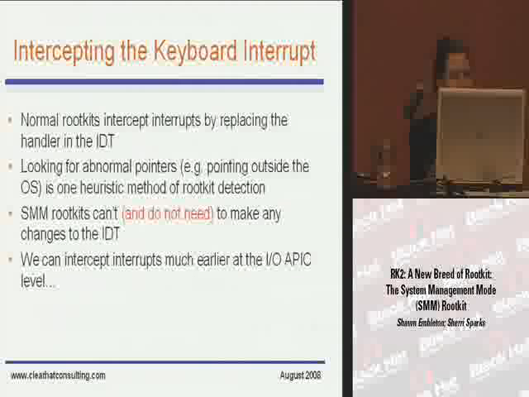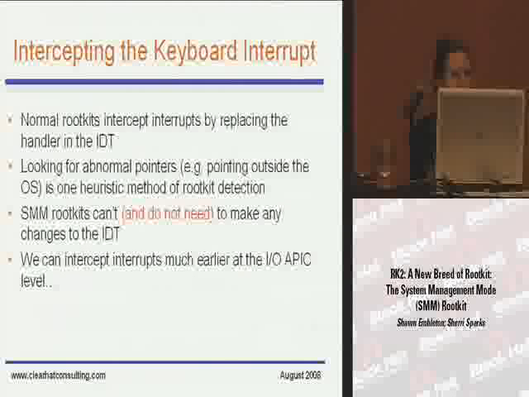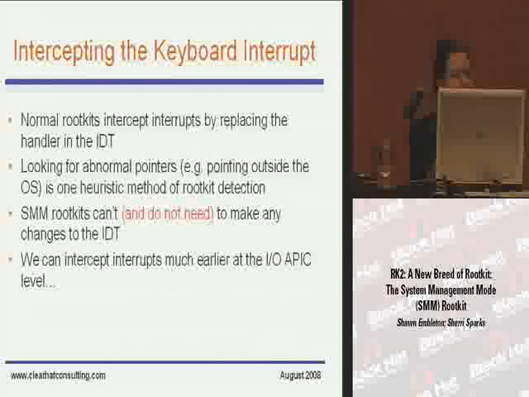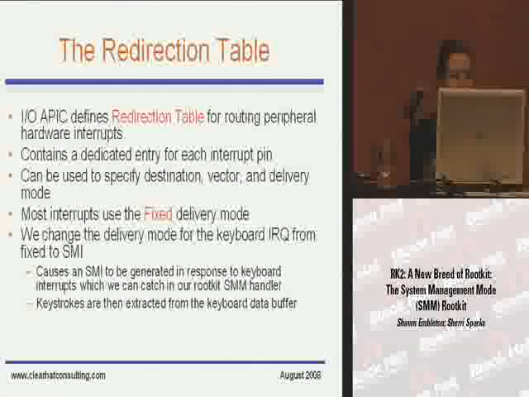The SMM rootkit can intercept interrupts much, much earlier, before they even get to the processor, by affecting their routing in the IO APIC. The IO APIC defines a data structure called the Redirection Table. This is the data structure that's used for routing interrupts.